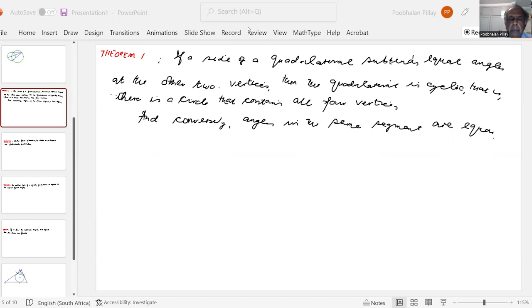So suppose you've got a triangle. A triangle has 3 vertices. There is always a circle that contains the 3 vertices. Right? Now, let's see why that is so.